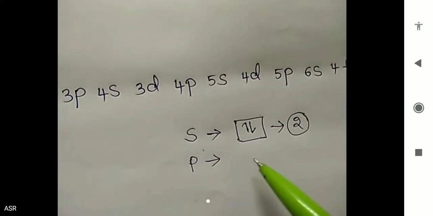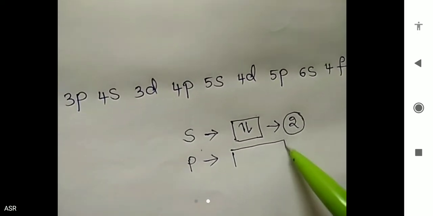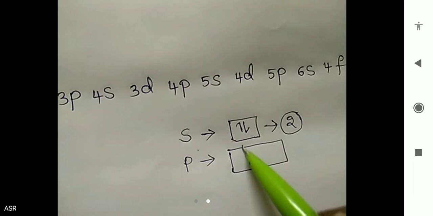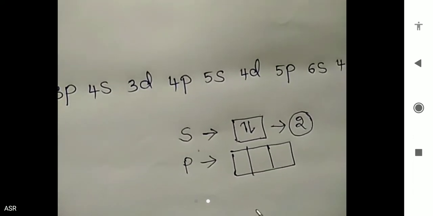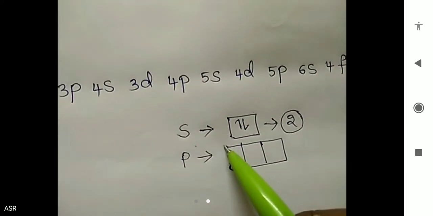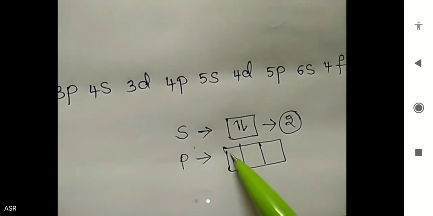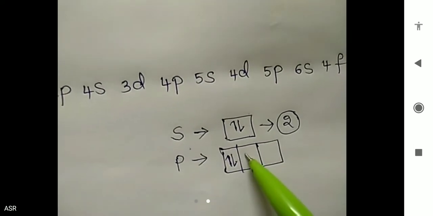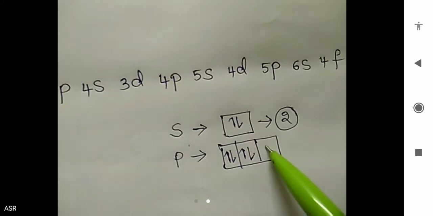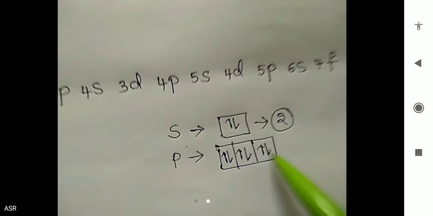Whereas if we talk about P orbital, see, there are 3 orbitals here. Each orbital 2 electrons. So in the P, we can accommodate 6 electrons, right?